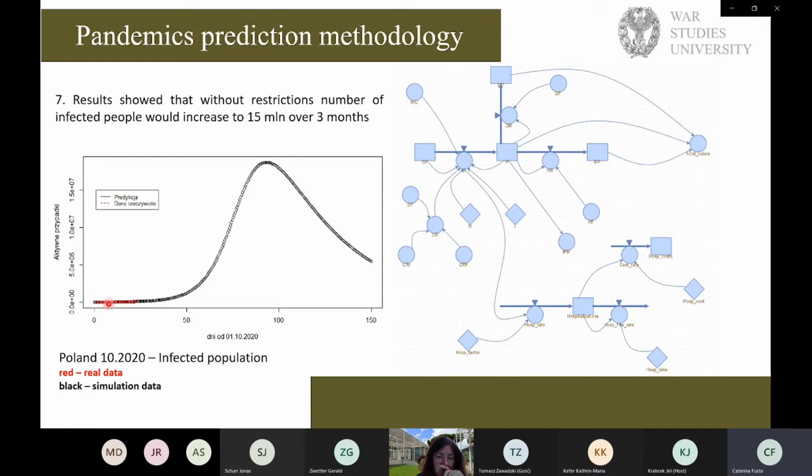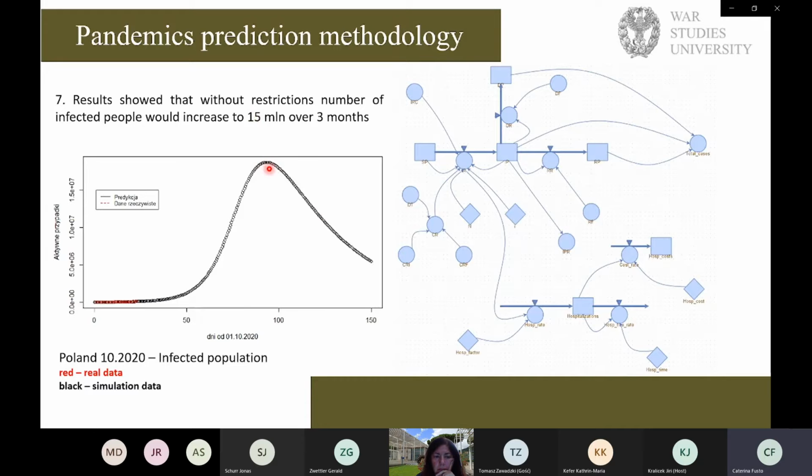Here we have real data from August and September, and using the presented methodology, we tried to estimate the number of infected people over the next month. And as I said, results said that during about 3 months, the number of infected people would increase to 15 million people.